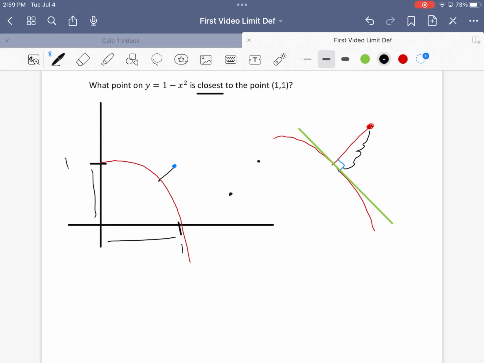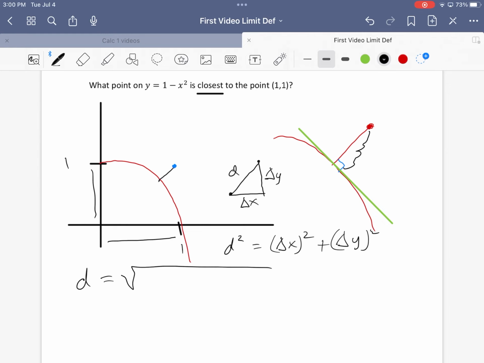If you have 2 points and you draw that right triangle, then this is the change in x and this is the change in y, and this we could call the distance. And so what we know is that the distance squared would equal the change in x squared plus the change in y squared.